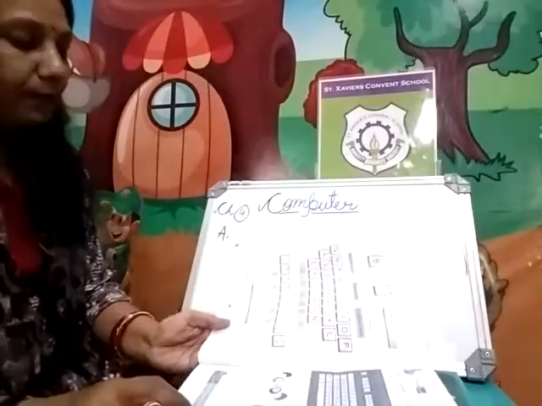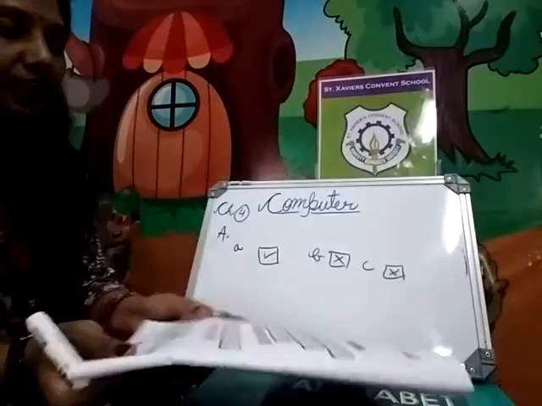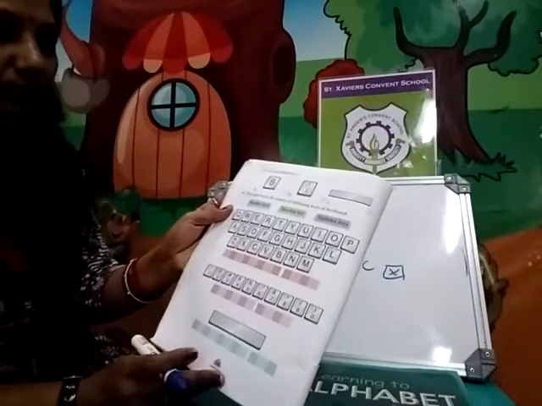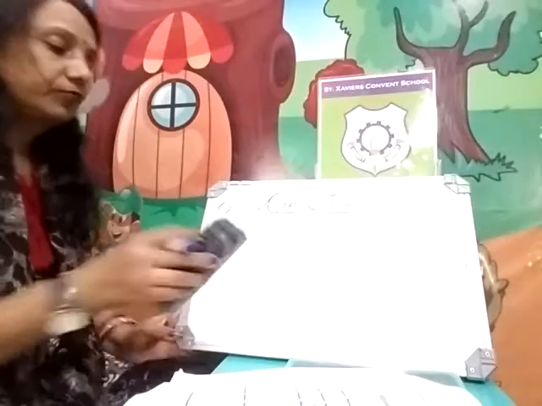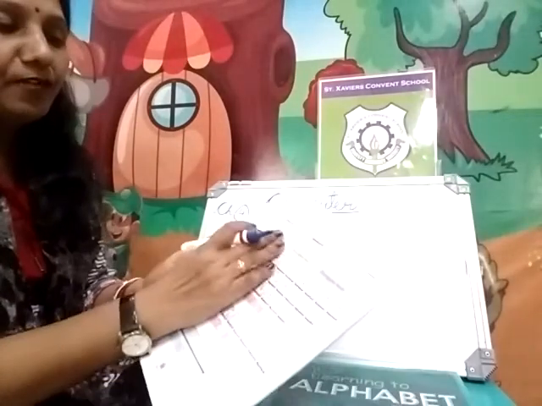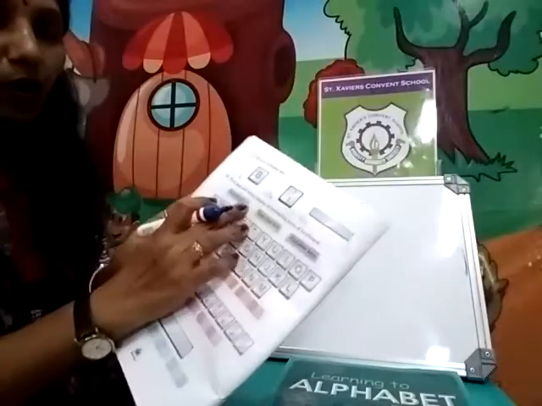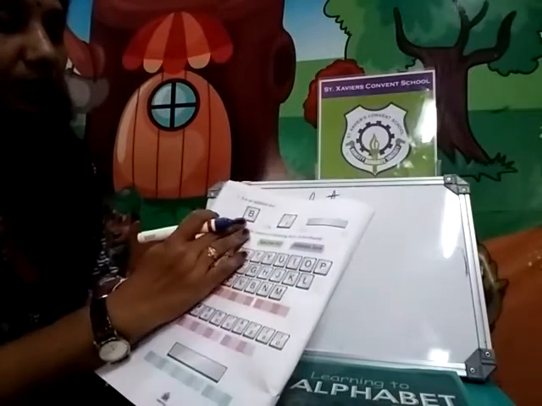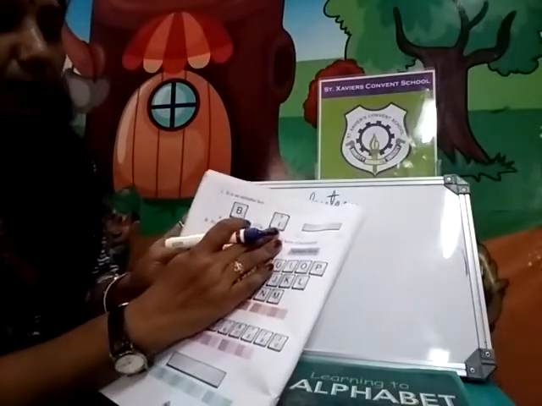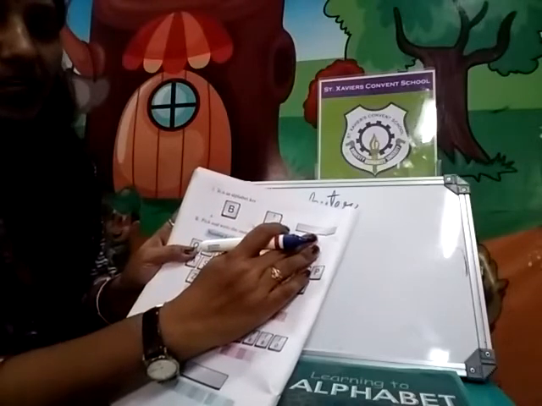Now open page number 24. There you see, it is an alphabet key. Option A, B. Option B, number. Option C, space bar.